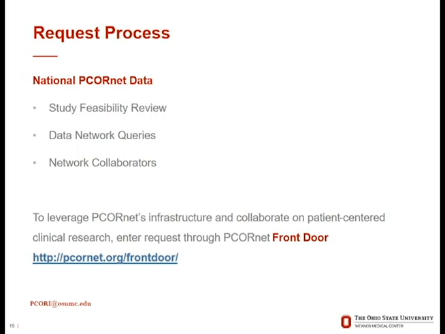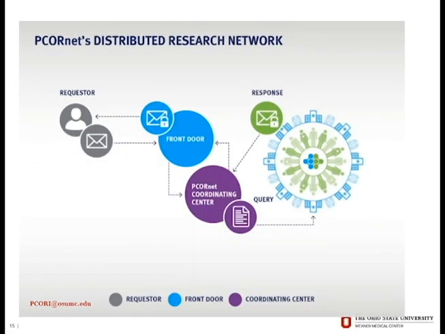The coordinating center of PCORI is Duke. When they receive a request, they review it. If they feel that it is okay to approve the request, they will work with the requester to write a SAS query. This SAS query is then pushed to all the member sites. The member sites have the choice to either respond or not respond to the query.